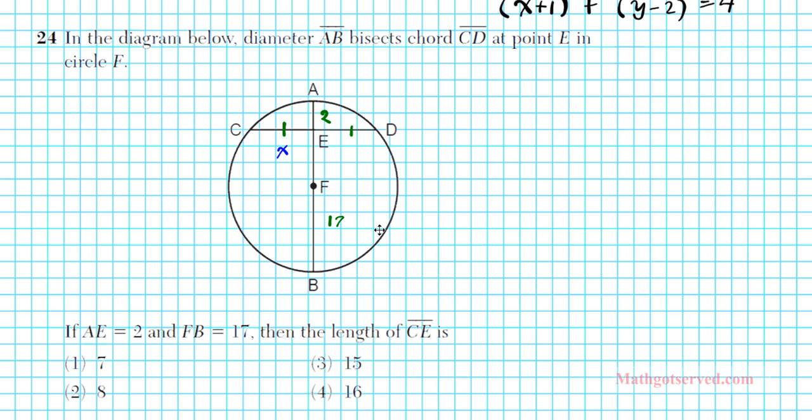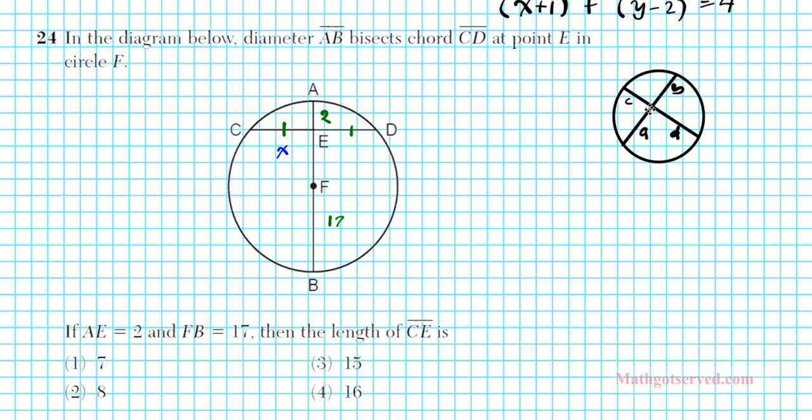Anytime you see a circle with two intersecting chords, you want to think about the intersecting chords theorem. If you have one chord like that and the other like that, with lengths A, B and C, D, do you remember what the intersecting chords theorem says?